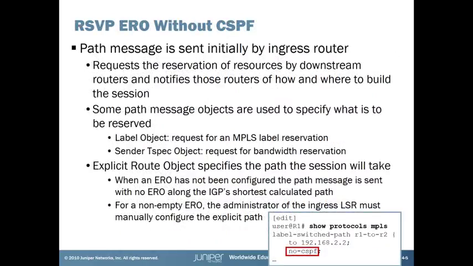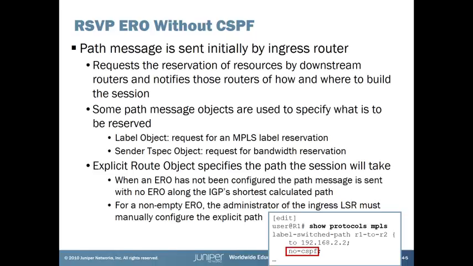So let's take a look at the without situation first. The path message is sent initially by the ingress router, and it requests the reservation of resources by downstream routers and notifies those routers of how and where to build the session. Some path message objects are used to specify what is to be reserved. We've got a label.